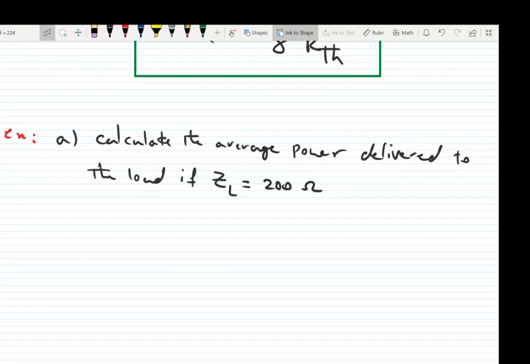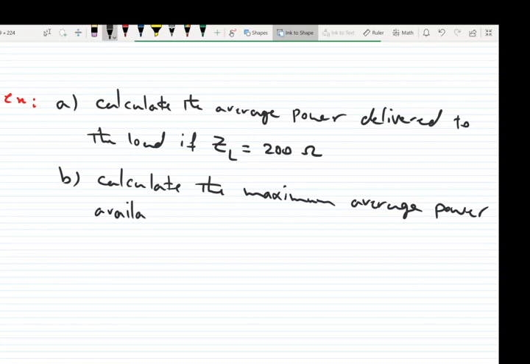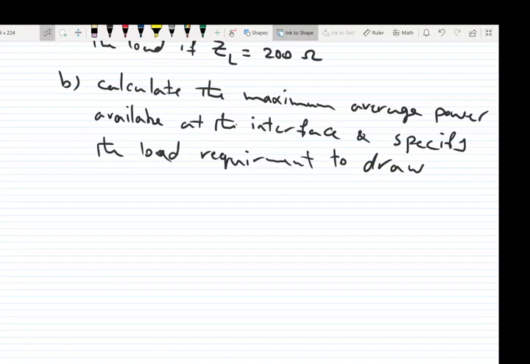Part B, calculate the maximum average power available at the interface and specify the load requirement to draw the maximum power.